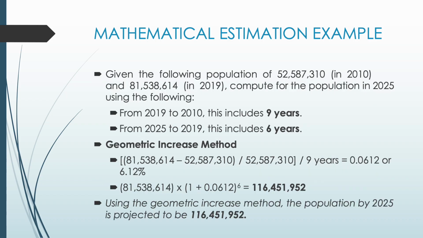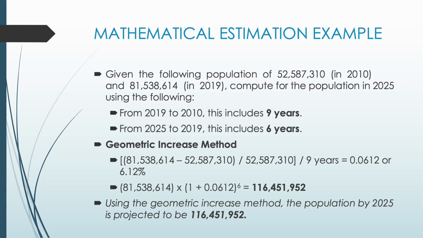So in geometric method, we start with the base population of 2019 minus the population in 2010 all over the year interval, which is 9, and we get 6.12 rate increase annually. Then we supply the formula for geometric estimates.